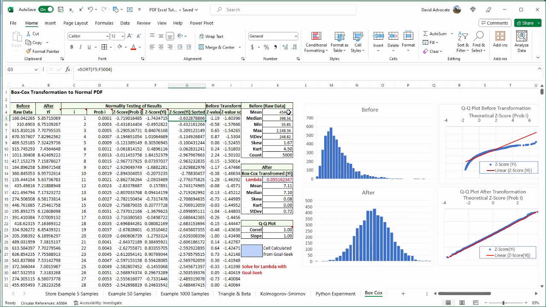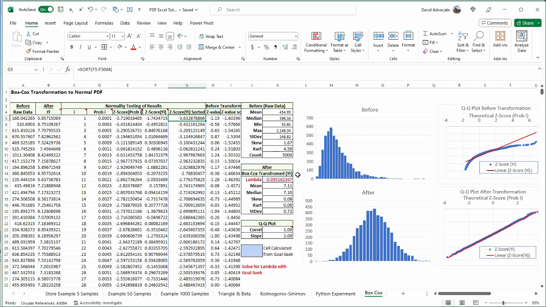So the thing to notice about here is that the mean and the median are significantly different, as you would expect with this log normal distribution, and the standard deviation is very high. The skewness and the kurtosis are also very strong. And after we transform it, we see that the mean and the median are pretty much the same. The skewness and the kurtosis are also quite small.